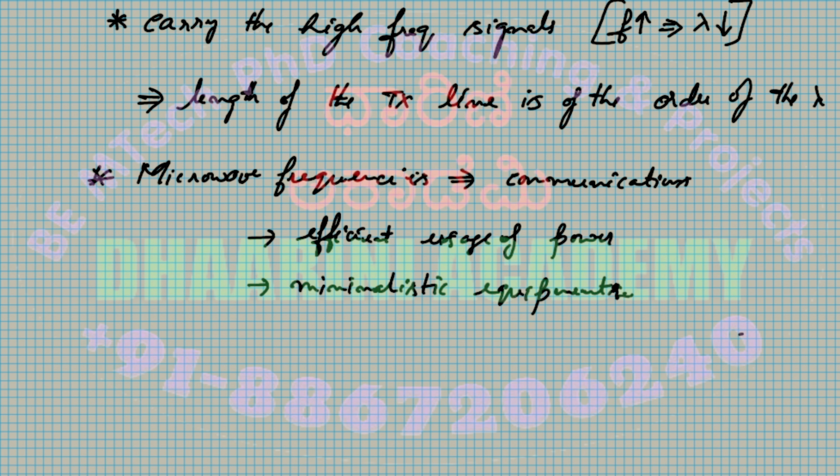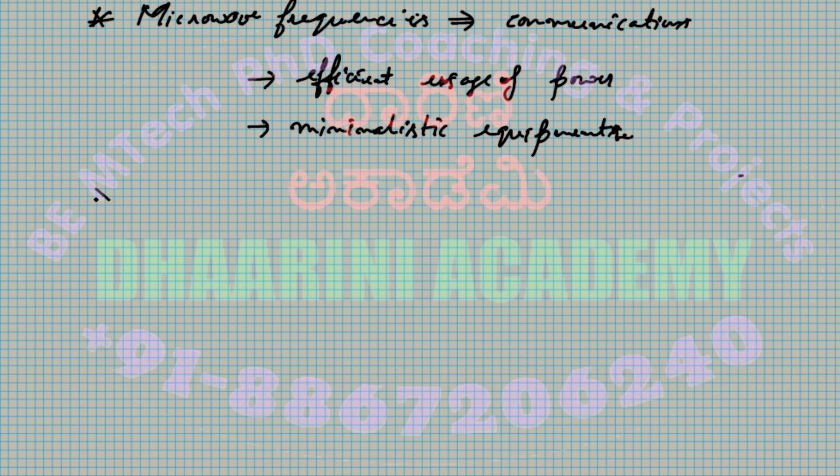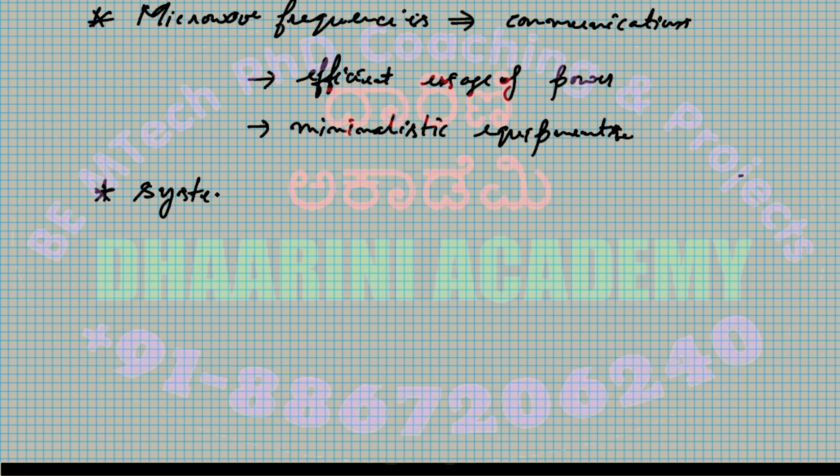Later on we'll cut it down to the microwave transmission lines. Okay, right. Now let's look at the next feature of this. Whenever we say that the transmission line is being used, that means we have to have a system of conductors, not a single conductor.